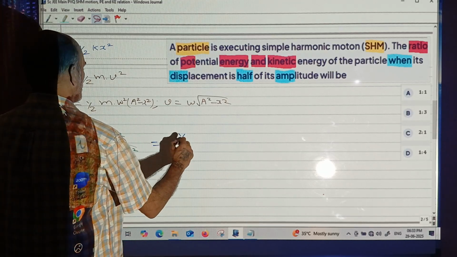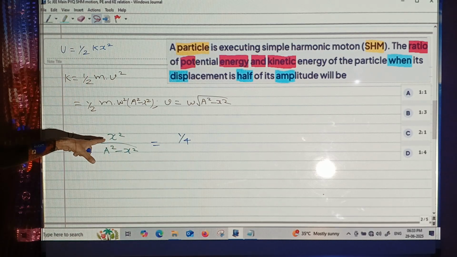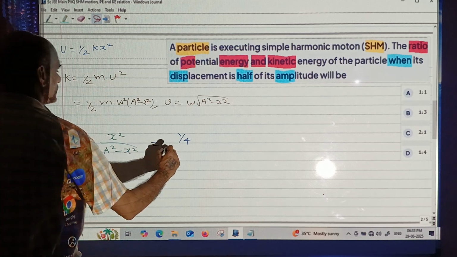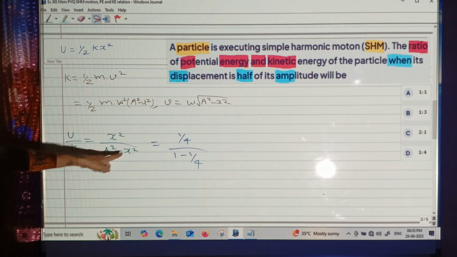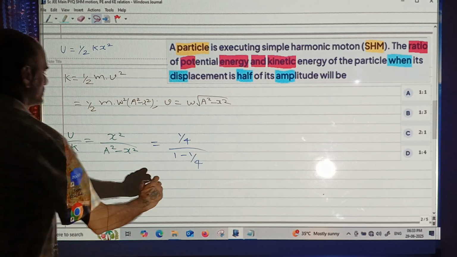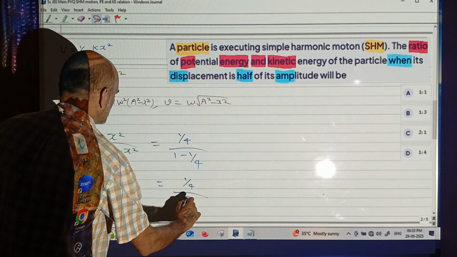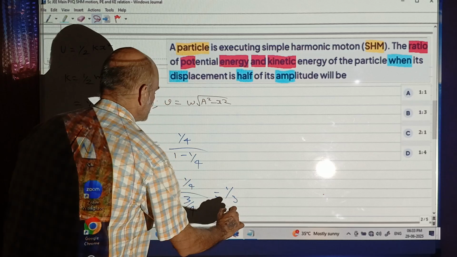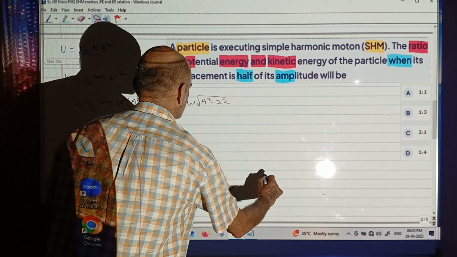So this will become 1 by 4, a square by 2 square, so a square will cancel. So just 1 by 4 over 1 minus 1 by 4. X is a by 2, so a square by 4, a square will go, so just 1 by 4 will remain. So this is 1 by 4 by 3 by 4, which is 1 by 3. So the ratio is 1:3. So option B is the correct answer.